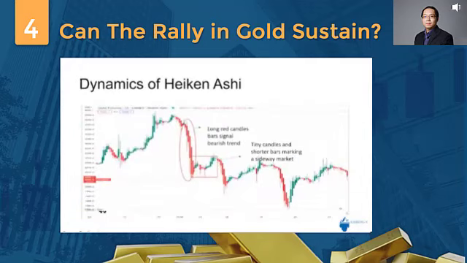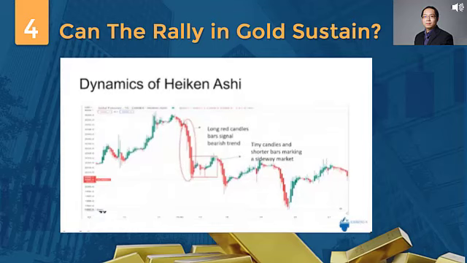Just to share the dynamics: as long as you see red Heiken Ashi bars, best with no shadows, that tells you the market is in a bearish trend. And when you start to see the bodies of the candles getting smaller, in a series of red and green, that tells you the bearish trend is getting tired. That's where the market is going into a sideways market.